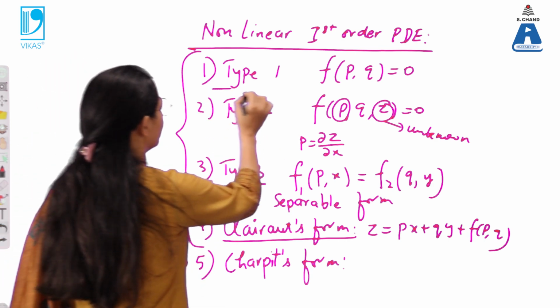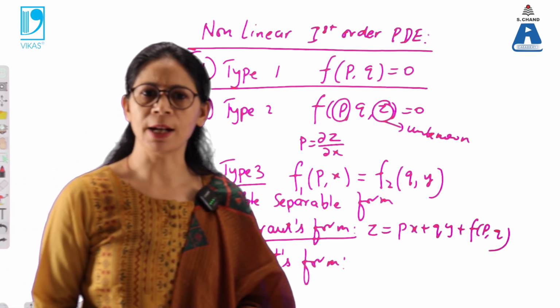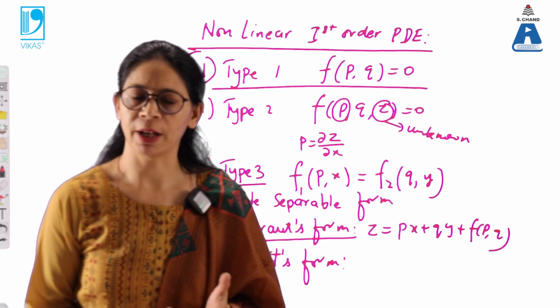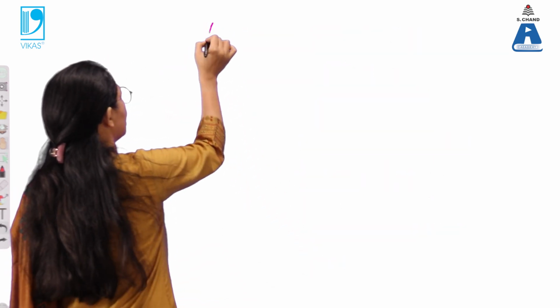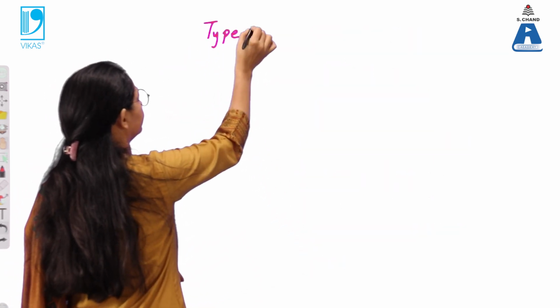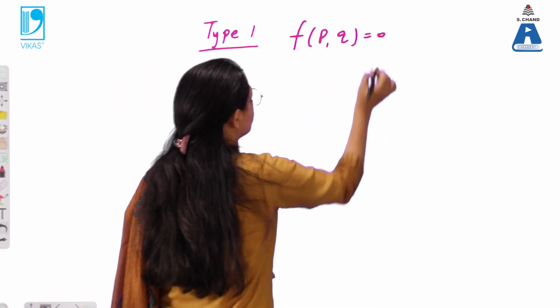In the first form, it is very easy to write down the solution. This p and q will be replaced with a and b, where a and b are constants. So we start with type 1, where f of p, q equals 0.